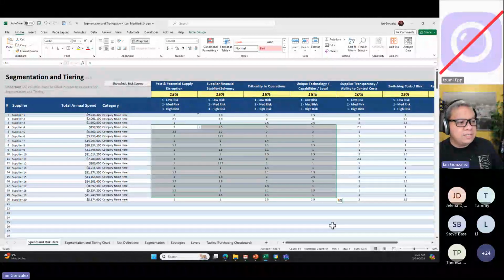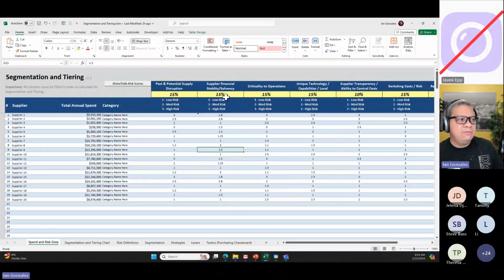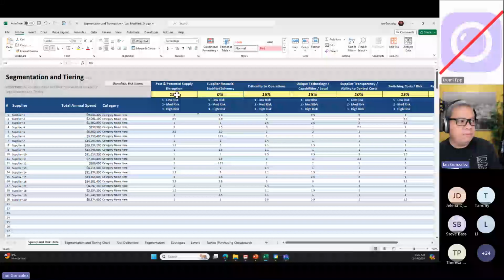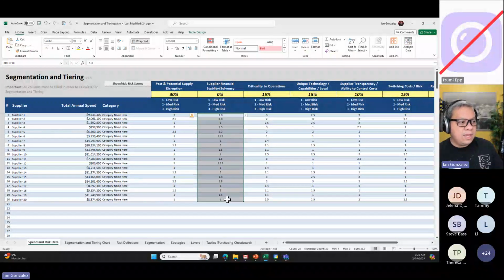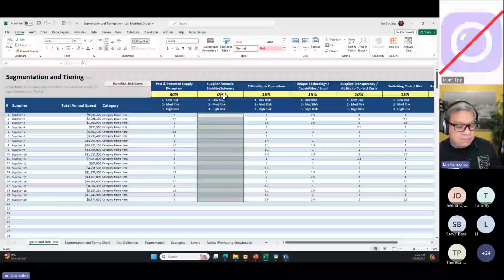Over here, the risk areas don't all have to be filled, okay? For example, let's say supplier financial stability or solvency is 0% on my weighting, which means I have to put that 15% somewhere else. I'll put it over here. Then it's okay if all of these are blank because it's 0 weighting anyway.